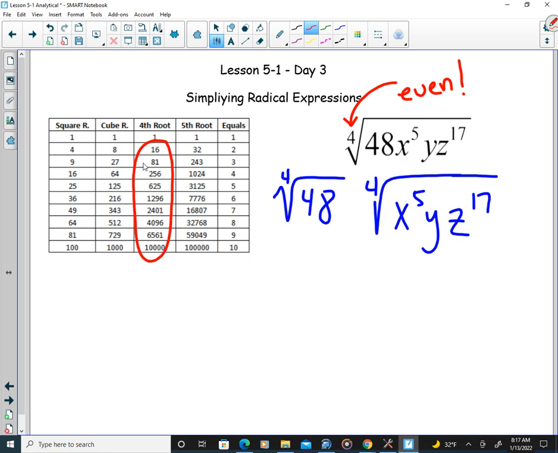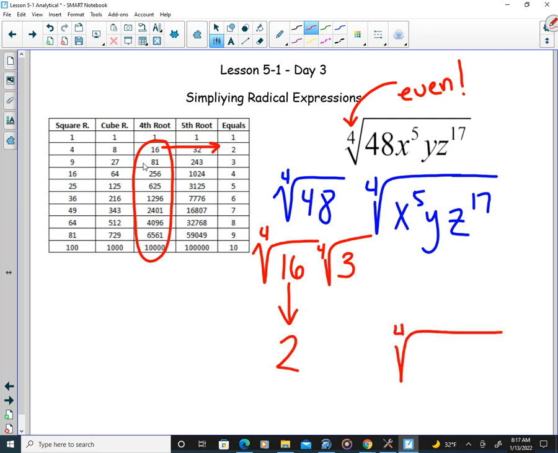So I can break the fourth root of 48 as the fourth root of 16 times the fourth root of 3. And then if you look at your chart, the fourth root of 16 is 2. So we have 2. We don't know what the fourth root of 3 is, so the 3 stays under the radical. And now we're going to do our variables.